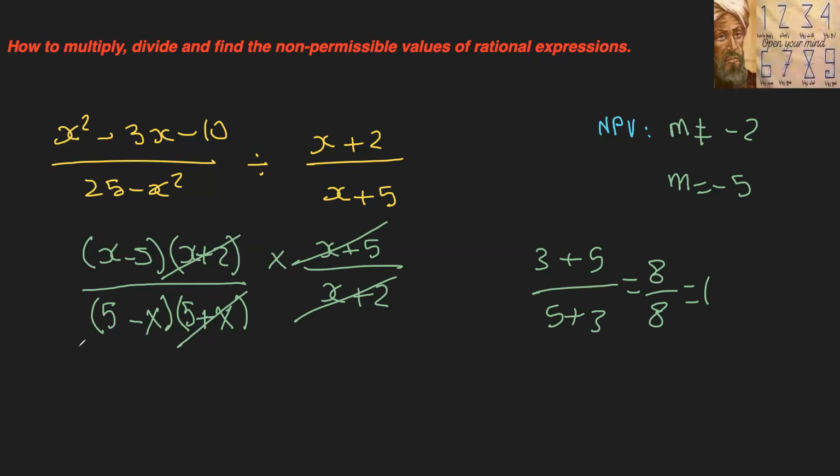You could cancel these with one condition: if you cancel them, make one of them equal -1. Why? Because let's go back to this and change it to 3 minus 5 over 5 minus 3. Now, 3 minus 5 gives you -2, and 5 minus 3 gives you +2. When you divide them, you get -1, and that's why you get that -1. And therefore, the final answer for this one is just -1. Okay, nice and simple. One more, and then we'll call it a day.